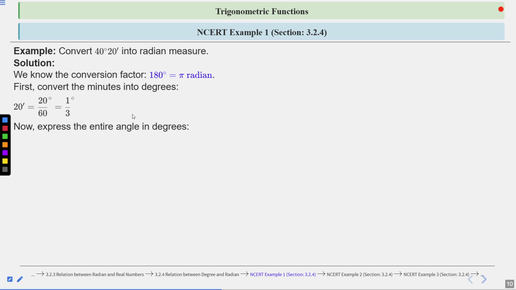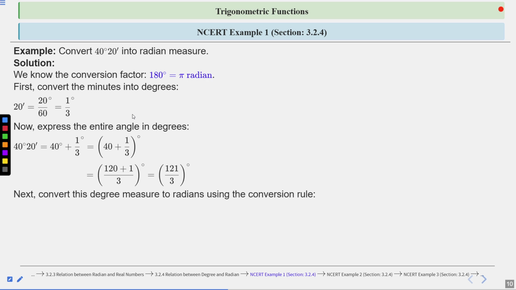Now express the entire angle in degrees. So 40 degree 20 minutes is the same as 40 degree plus 1 by 3 degree. This gives me 40 plus 1 by 3 degree, so 40 degree 20 minutes is equivalent to 121 by 3 degree. Now I have my angle in degree measure.